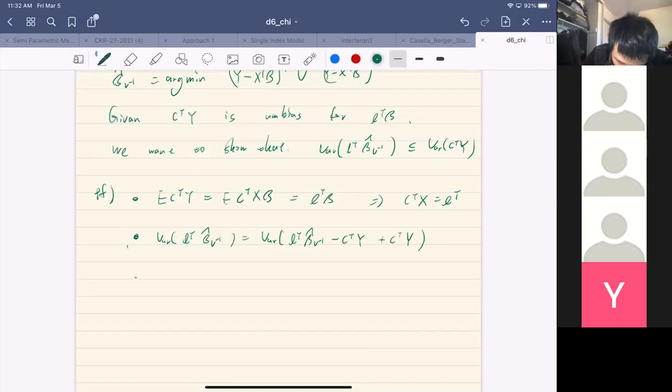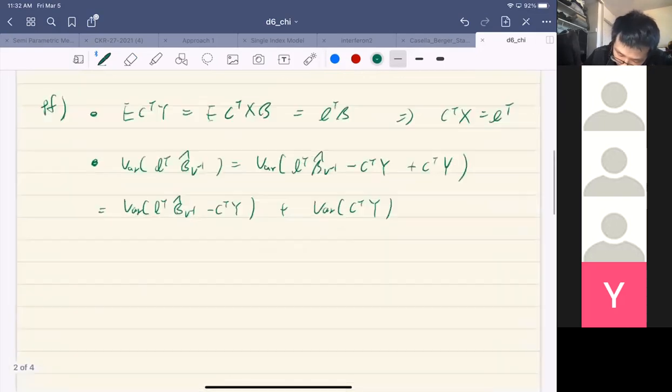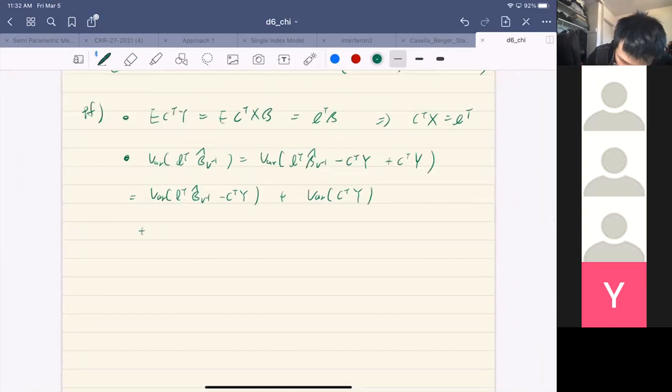So this is equal to the variance of this plus the variance of C transpose Y, and the covariance term plus 2 times the variance.